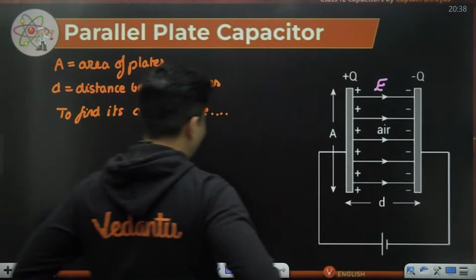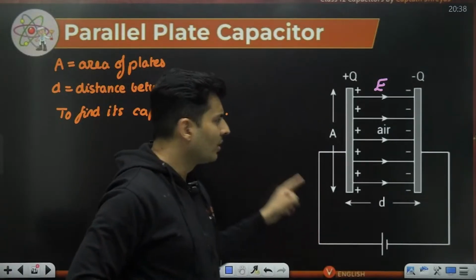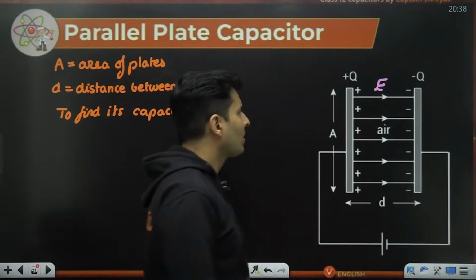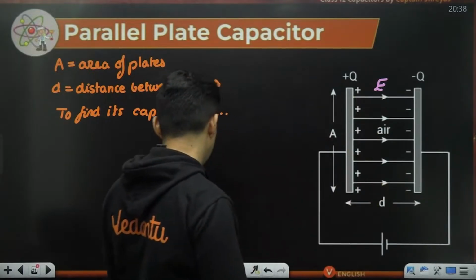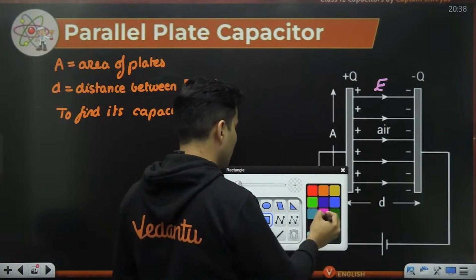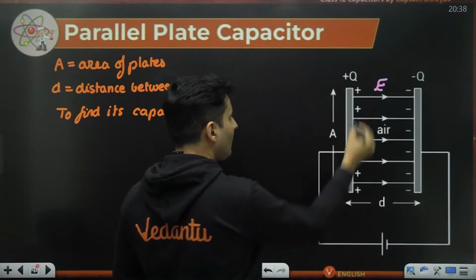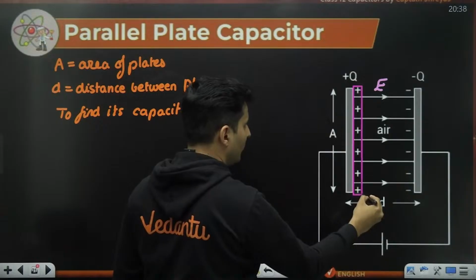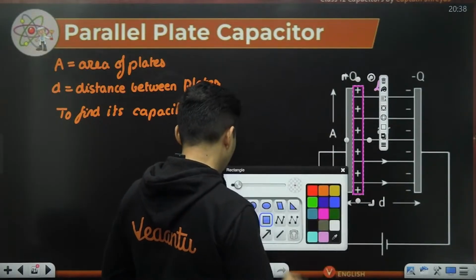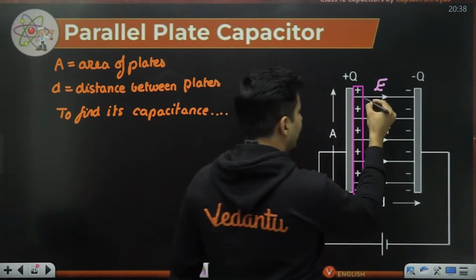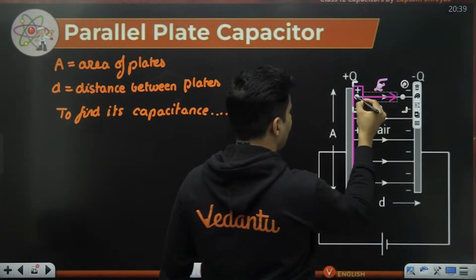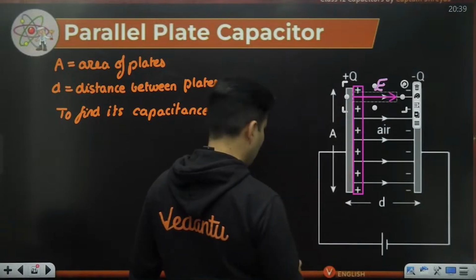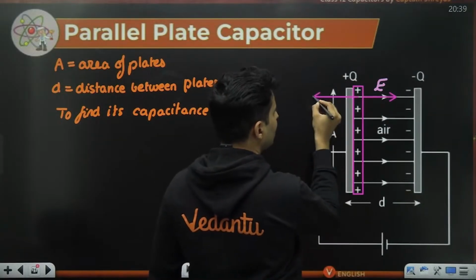Yes, sir. Definitely. Why not? So one thing I can do: this particular positive charge right over here will give rise to electric field here like this, and like this, and like this.